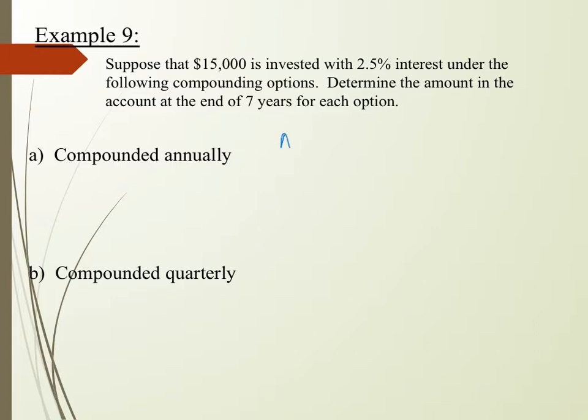A is equal to P times 1 plus the rate over N, raised to N times T. In this case, compounded annually, it's P times 1 plus 0.025 divided by 1, raised to 1 times 7 years.